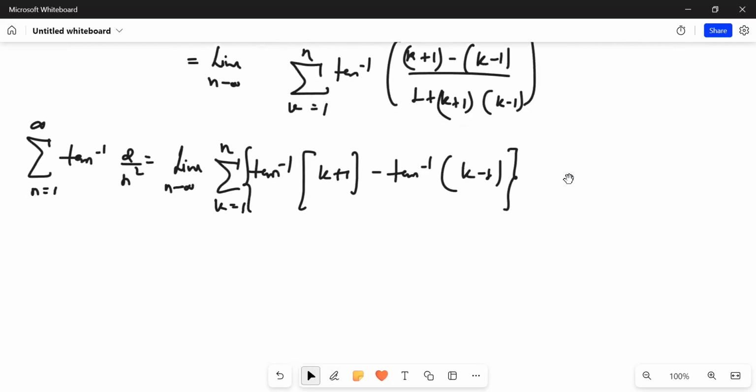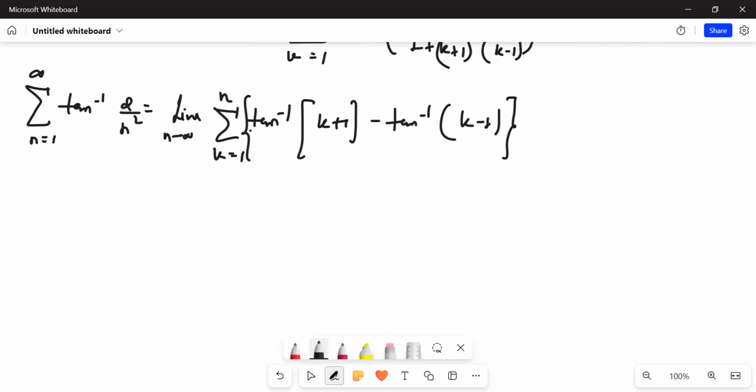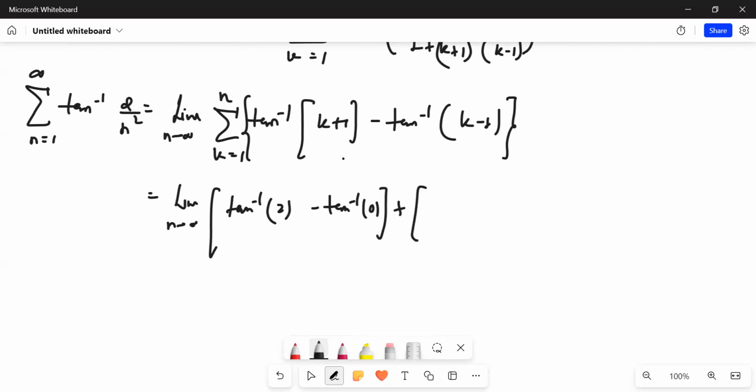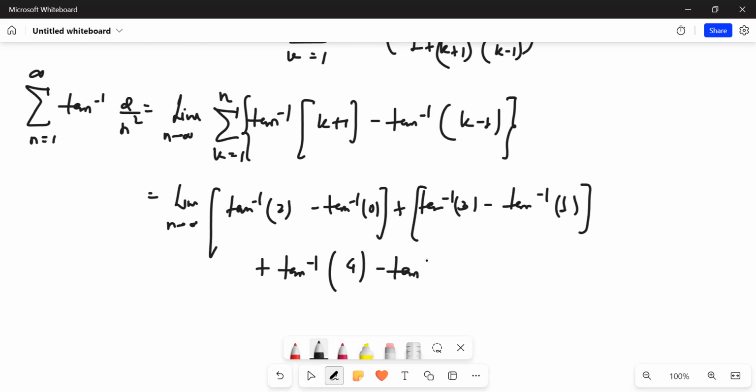Okay, this is one thing. And if I want to evaluate this, let me try to write the values now. Place 1, so this would be tan inverse of 2 minus tan inverse of 0. Place 2, this would be tan inverse of 3 minus tan inverse of 1. Again, place 3, this will be tan inverse 4 minus tan inverse 2.